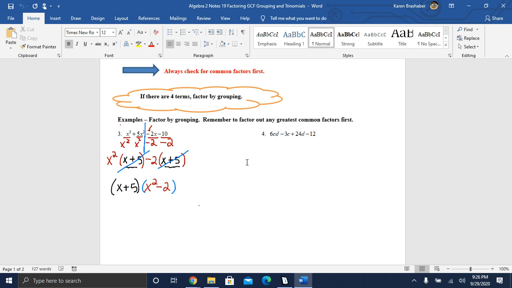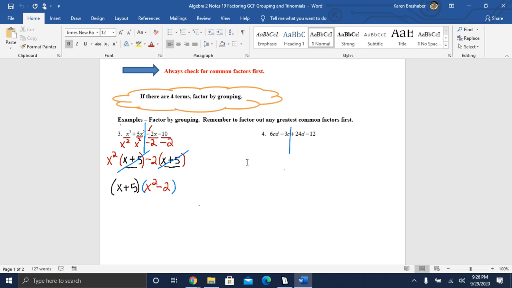So I have 4 terms. I'm going to draw a cut line. Notice that I draw it after my second term, before the operation, so before the plus or the minus sign.